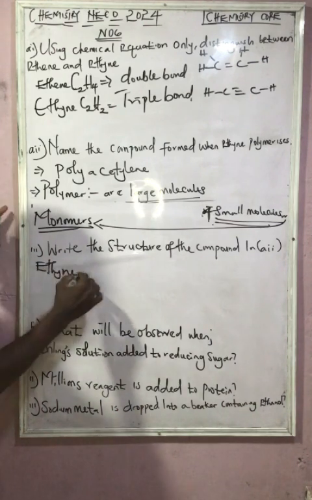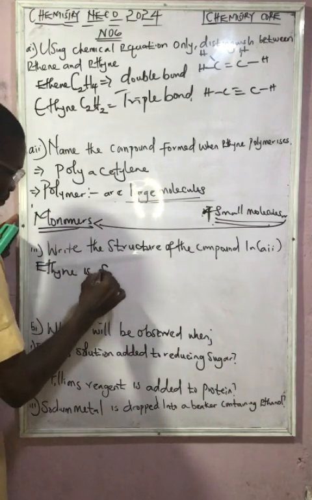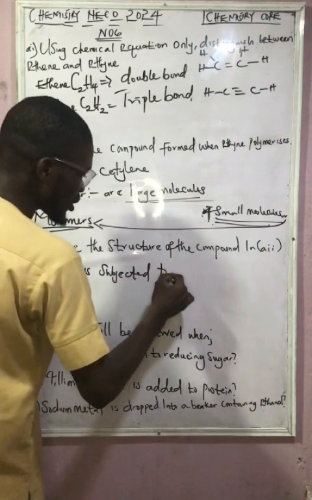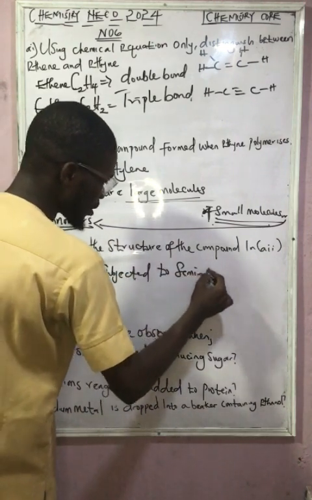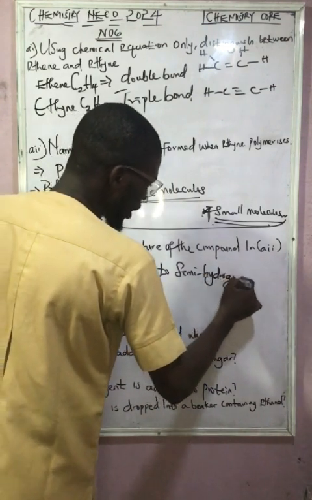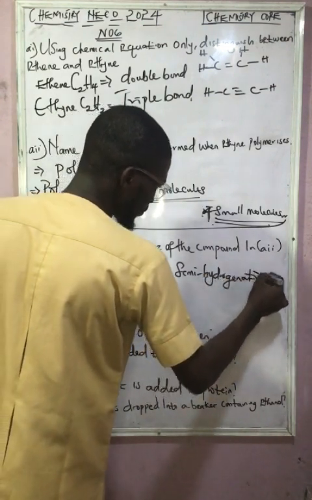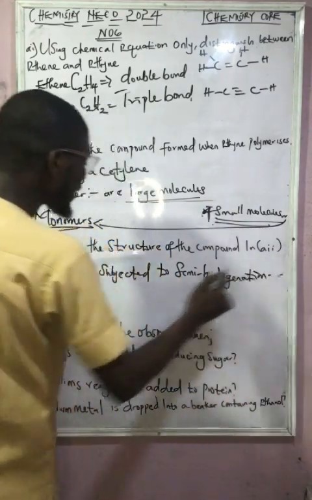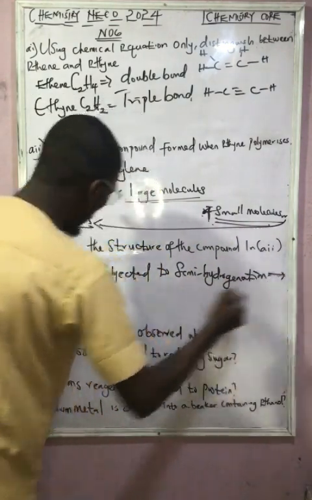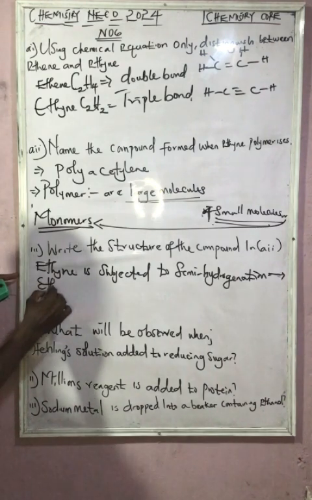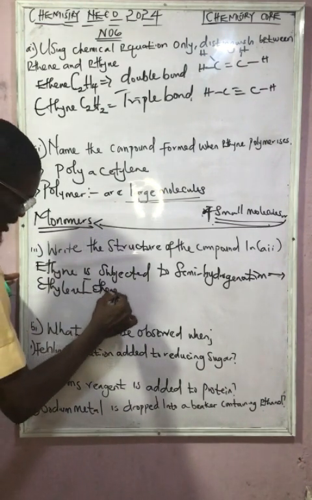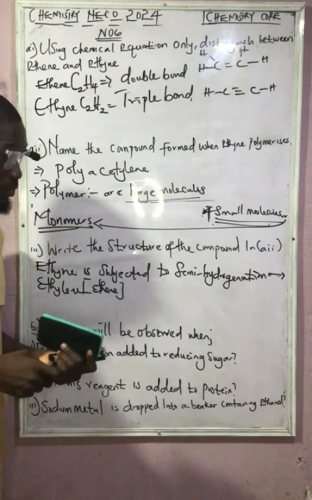Ethyne is subjected to semi-hydrogenation. So if this is subjected to semi-hydrogenation, it will yield what we call ethylene, which we all know as what? Ethene.